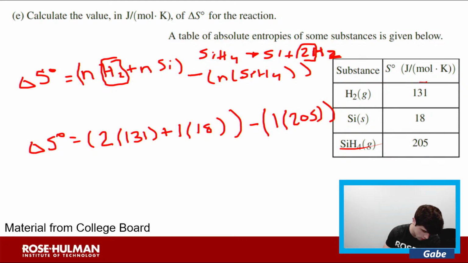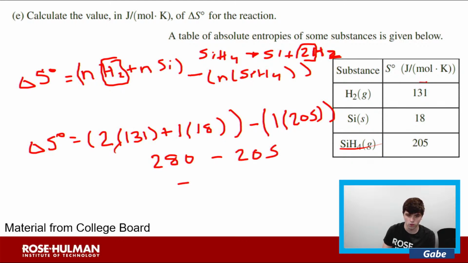So when we get our calculators out, we'll do the simple calculation. It'll end up overall being 280 right here. Subtract 205, which will get us an overall entropy of 75 joules per mole K.